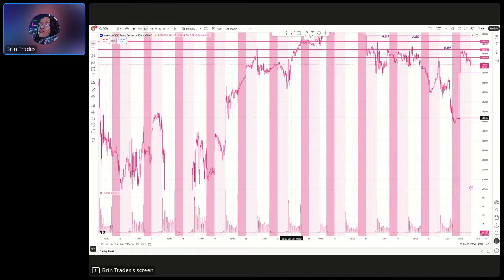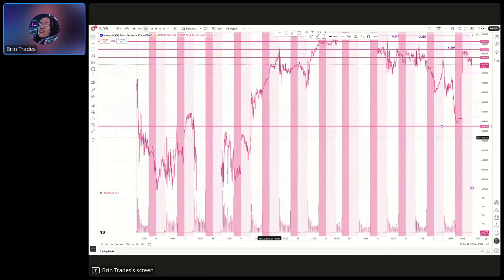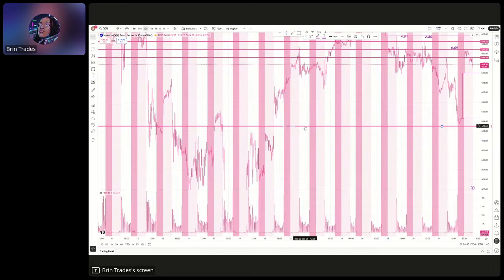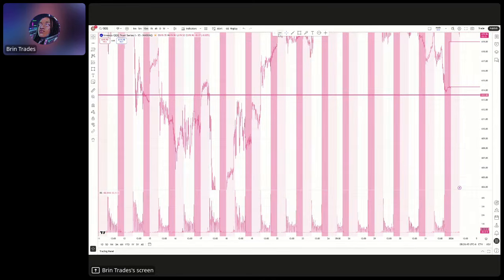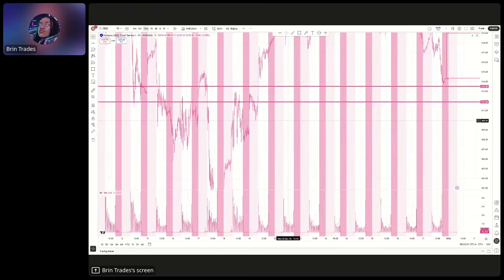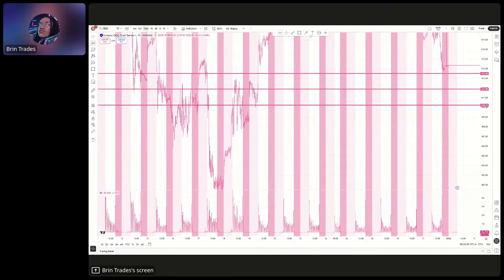Starts here. 30, 50. Maybe this zone. 70. 20, 60.